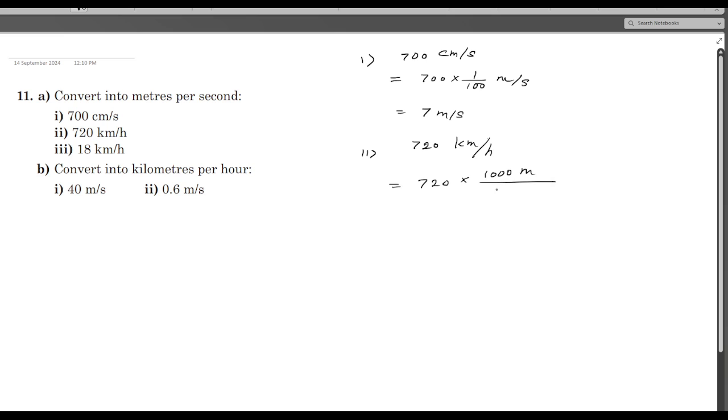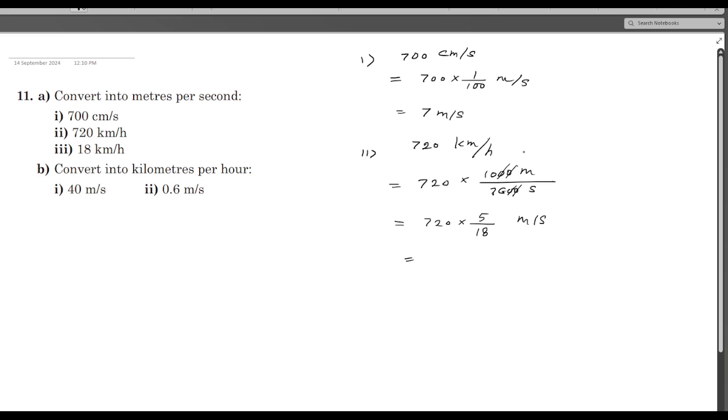And hour, if I convert it into second, it is 3600 seconds. So this is equal to 720 times, now this 0 cancels, 0 cancels, it is 5 divided by 18 meter per second.